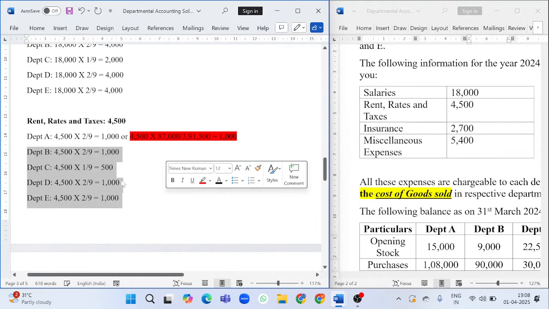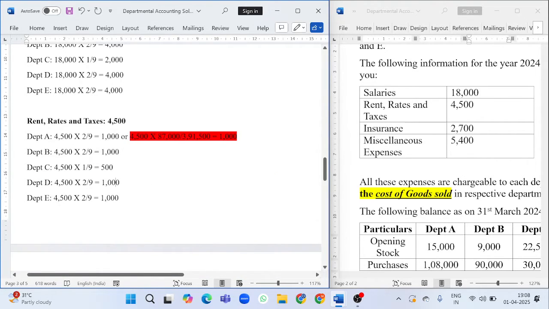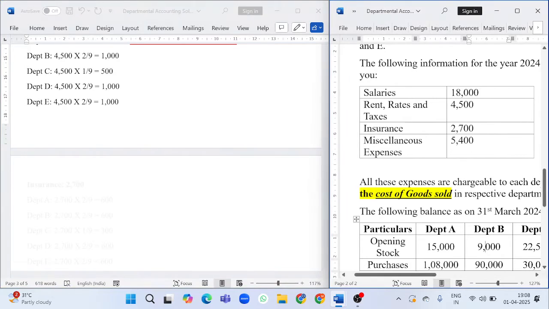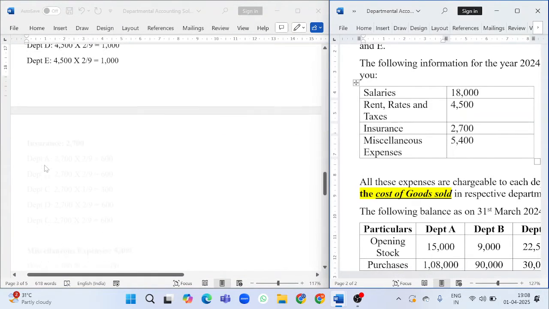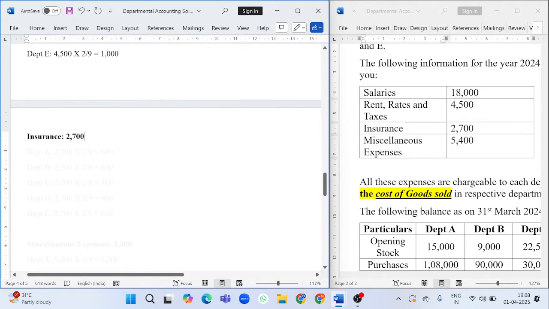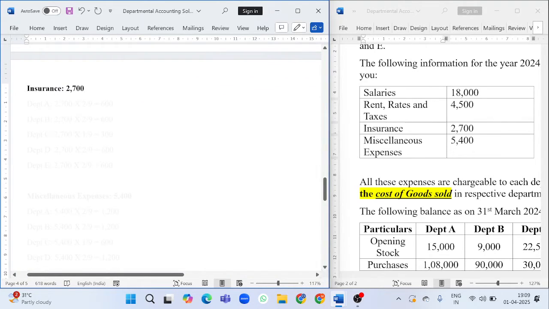Similarly, I will calculate the rent, rates and taxes for the remaining departments based on ratios only. I will get for department B 1,000, department C 500, and department D and E both 1,000. Our next expense is insurance. The total value of insurance is 2,700.